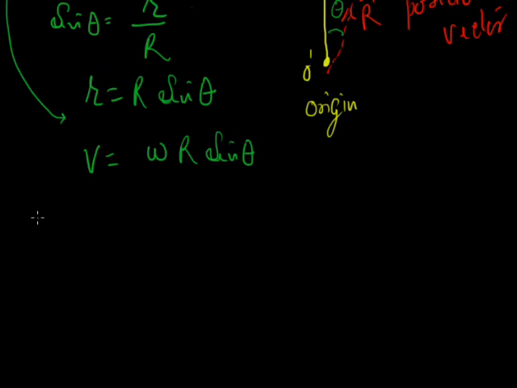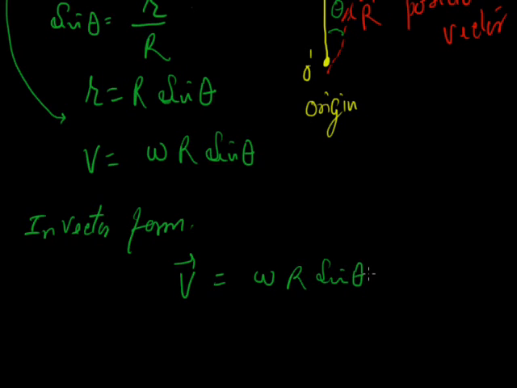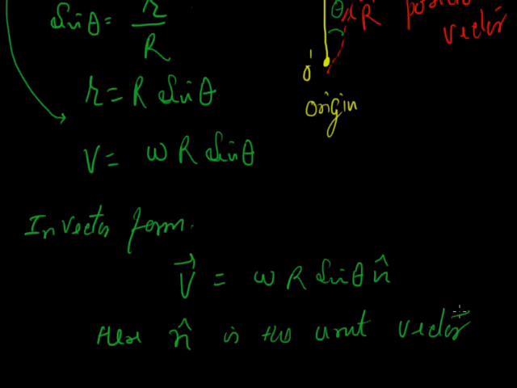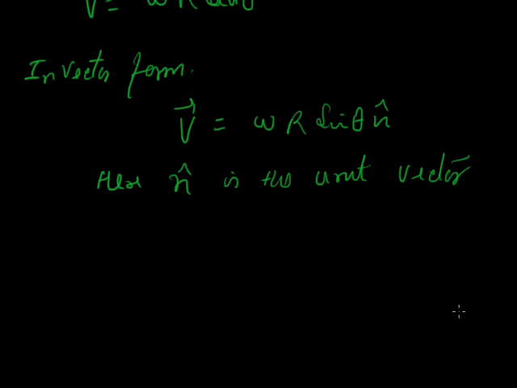In vector form, v vector is omega R sine theta n cap. Here n cap is the unit vector along v. By the right hand thumb rule, we can easily write v vector is omega cross capital R.